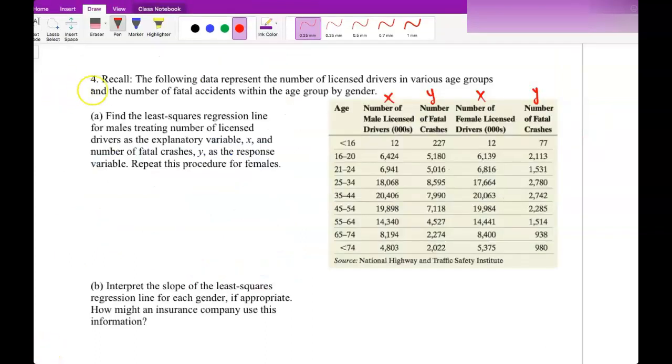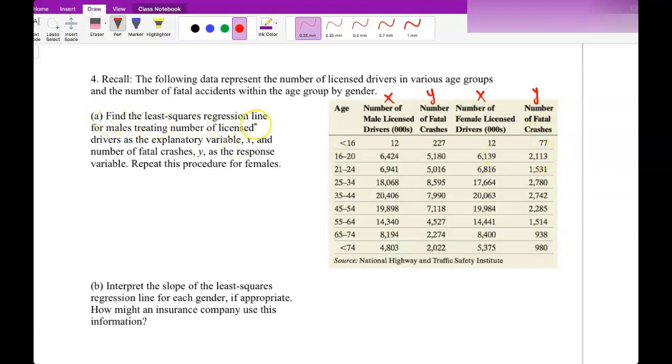Okay, now example number 4. The following data represent the number of licensed drivers in various age groups. Here we have X, here is Y for males, and the same thing for females. The first column for this group is X, and here is Y, which is the response variable.